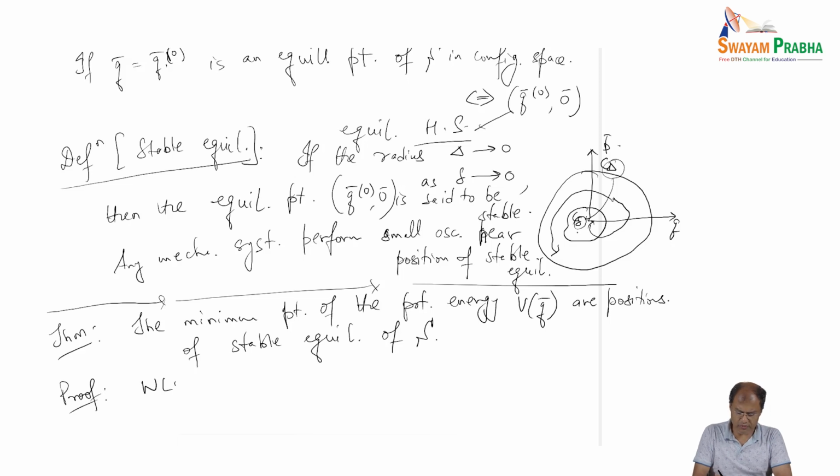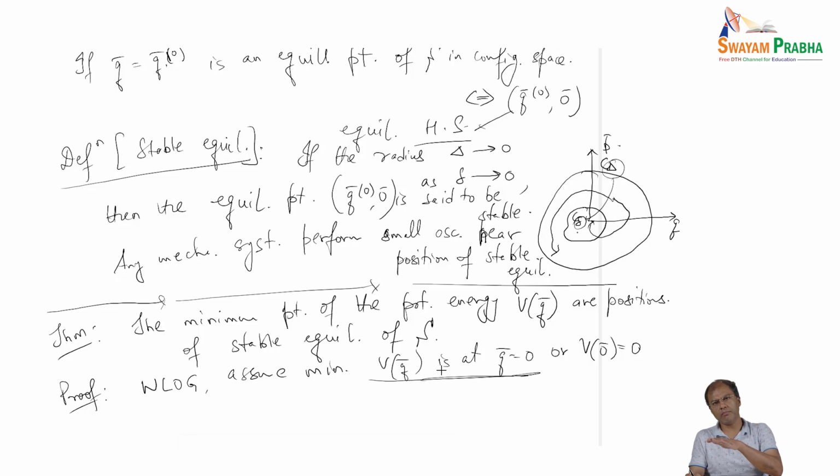Without loss of generality, we can assume the minimum of V of Q is at Q equal to 0, or V of 0 is 0. We can assume the absolute base of the potential to be at the generalized coordinate Q equal to 0.